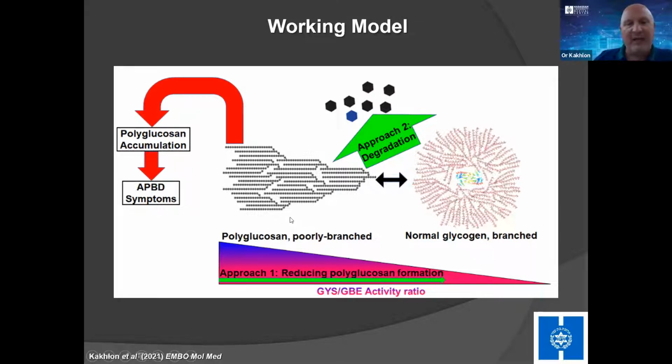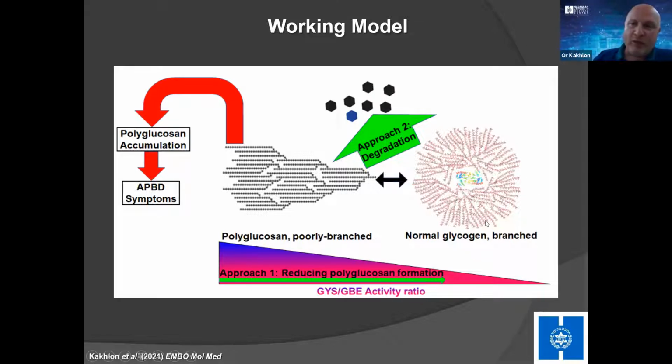So basically, there are two approaches to tackle the accumulation of the polyglucosans. The first approach is changing this activity ratio. Whenever you decrease the elongation by glycogen synthase or activate the branching enzyme, the balance between polyglucosan and glycogen tips towards the glycogen at the expense of polyglucosan.